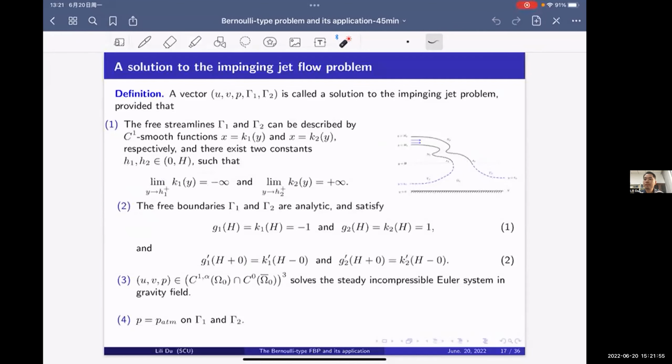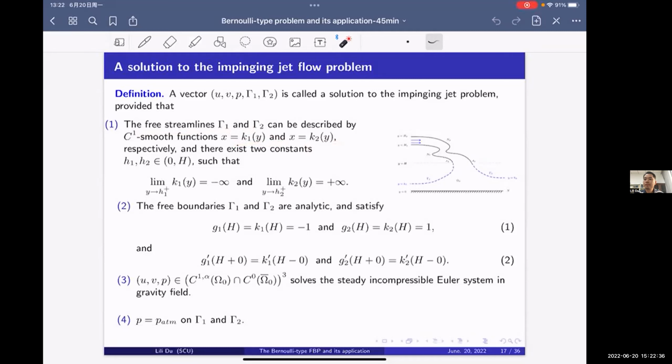Now we can define the solution to the impinging jet problem. A vector (U,V,P), where U is the horizontal velocity, V is the vertical velocity, P is the pressure, gamma 1 is the left free boundary, and gamma 2 is the right free boundary, is called a solution to the impinging jet problem, provided that, first, the free boundaries gamma 1, gamma 2 can be described by C1 smooth functions K1, K2.